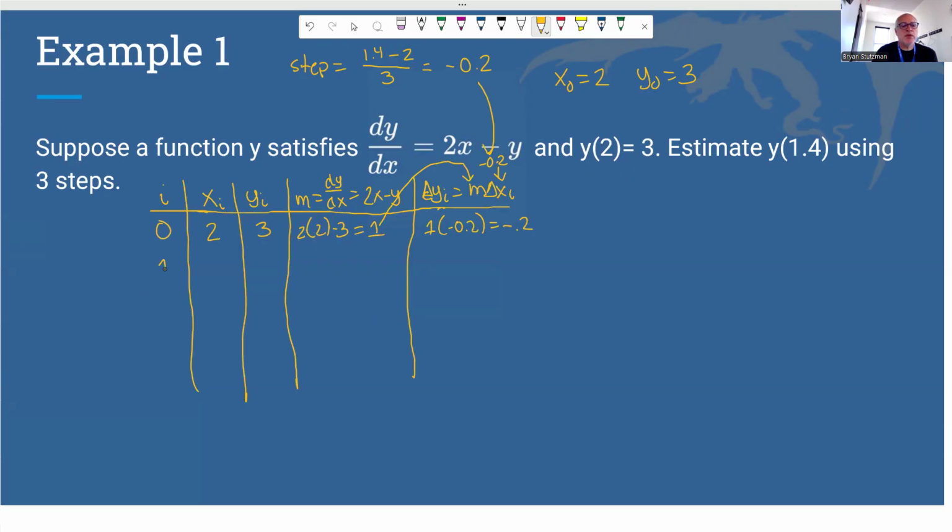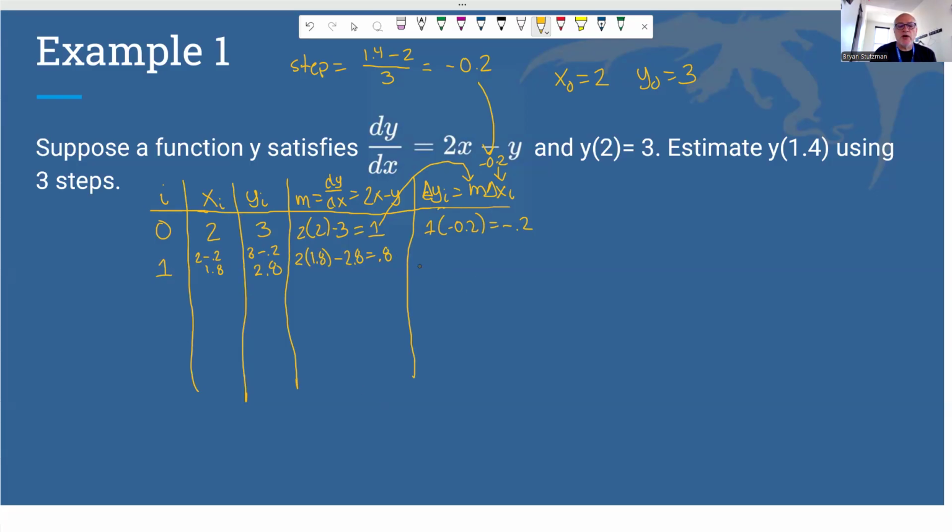Which means that at the next step, my x is going to go down by 0.2. So it's going to be 2 minus 0.2, or 1.8. My y will be 3 minus 0.2, or 2.8. My slope is now calculated the same way, but using different numbers: 2 times 1.8 minus 2.8, which comes out to be a slope of 0.8.